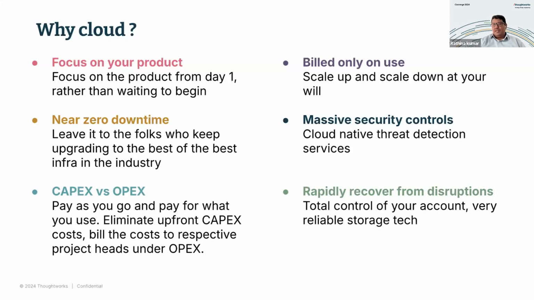Their firewalls are very good at detecting them. And the most overlooked ability is rapidly recovering from disruptions. So these are some of the areas where cloud shines, and it gives you a beautiful edge over people investing in upfront private infrastructure.